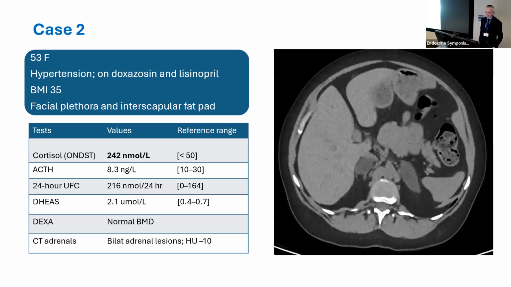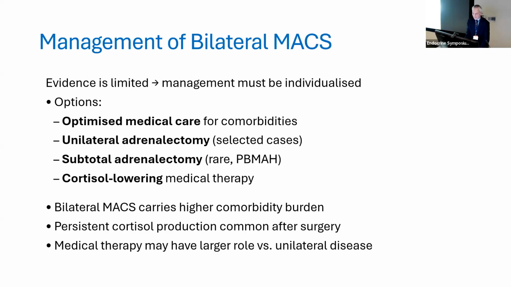So case 2, we heard already that many colleagues will perform a unilateral adrenalectomy, and the evidence is limited, and management again must be individualized. So we should optimize medical care for comorbidities, but unilateral adrenalectomy in selected cases seems very reasonable. The question is which adrenal to remove.